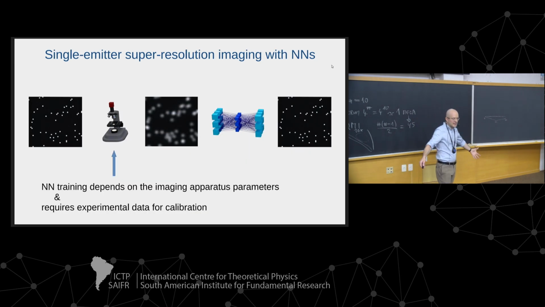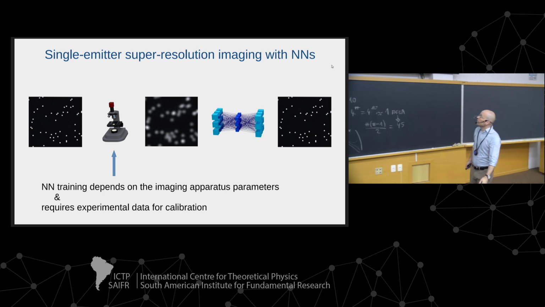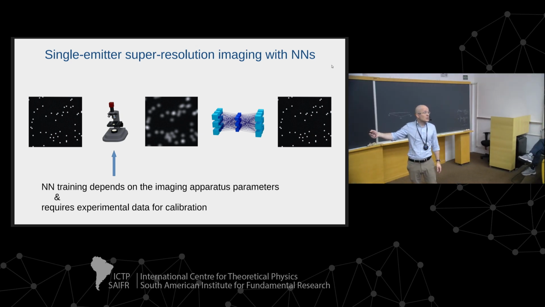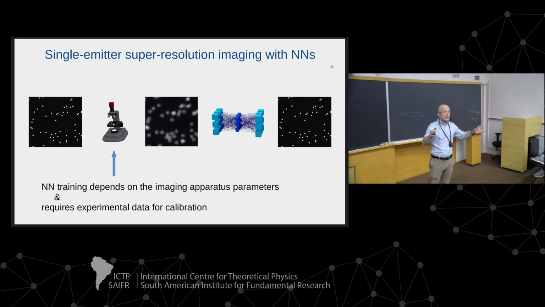So, what is the setting? We have some object consisting of point-like emitters. Let's say we are discussing only intensity, no complex stuff like phase or coherence. I mean, they are incoherent single emitters, which quite matches with many applications in this imaging field.